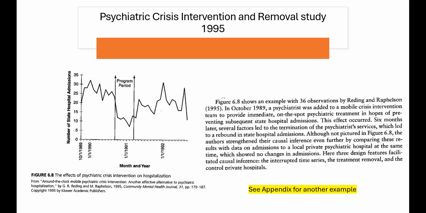In October 1989, a psychiatrist was added to a mobile crisis intervention team to provide immediate on-the-spot psychiatric treatment in hopes of preventing subsequent state hospital admissions. This effect occurred. 6 months later, several factors led to the termination of the psychiatrist services, which led to a rebound in state hospital admissions.